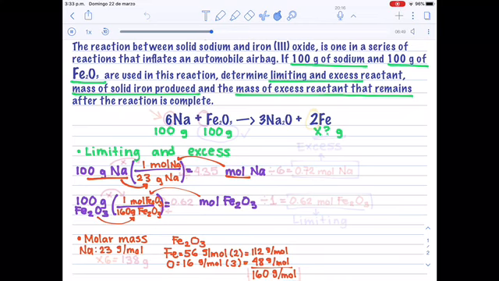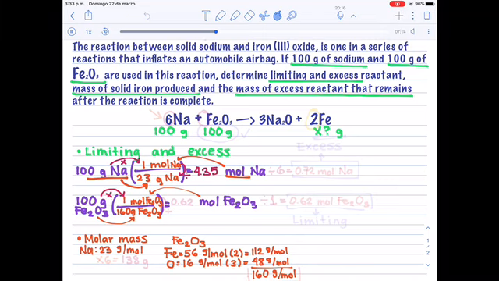Then we need to multiply it as always. In this case, 100 grams of sodium times 1 divided by 23 grams, and we get 4.35 moles of sodium. For iron 3 oxide would be 100 grams times 1 divided by 160, and we would get 0.62. As the last step in here, remember, we need to divide by the coefficients.